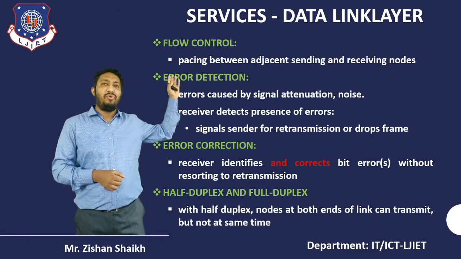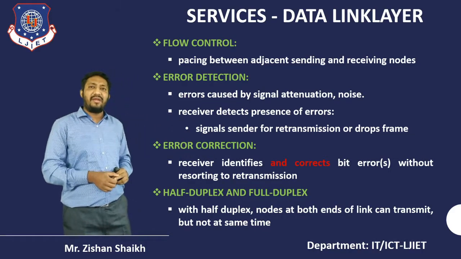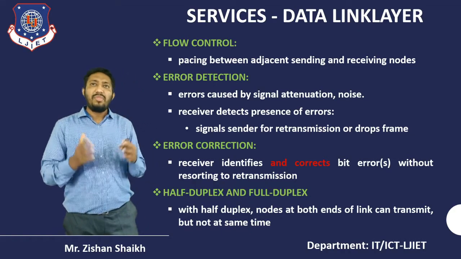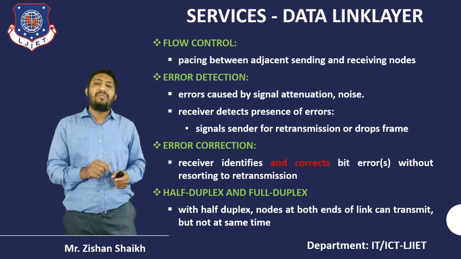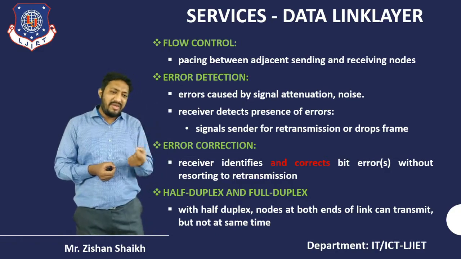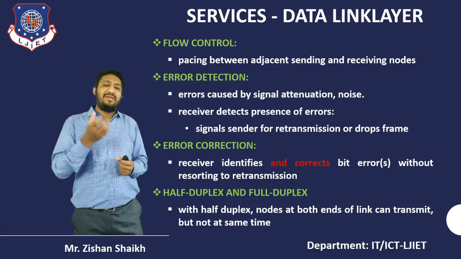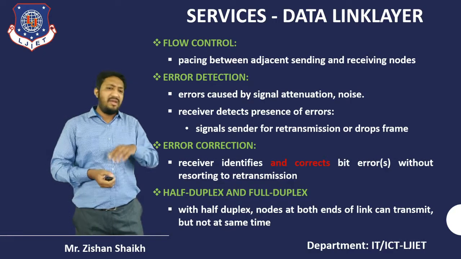Now we are moving to the remaining services. That is flow control, error control, then error correction and detection techniques, then half duplex and full duplex channel types. Flow control is all about the pace or speed at which our data will be transferred from source to destination. If the sender is capable of sending data at a rate of 10 Mbps, then it is sending.